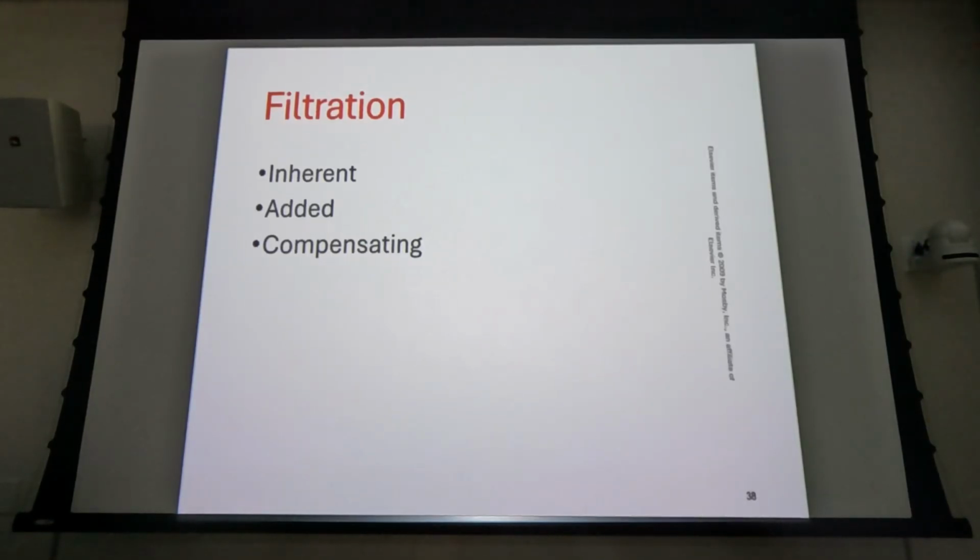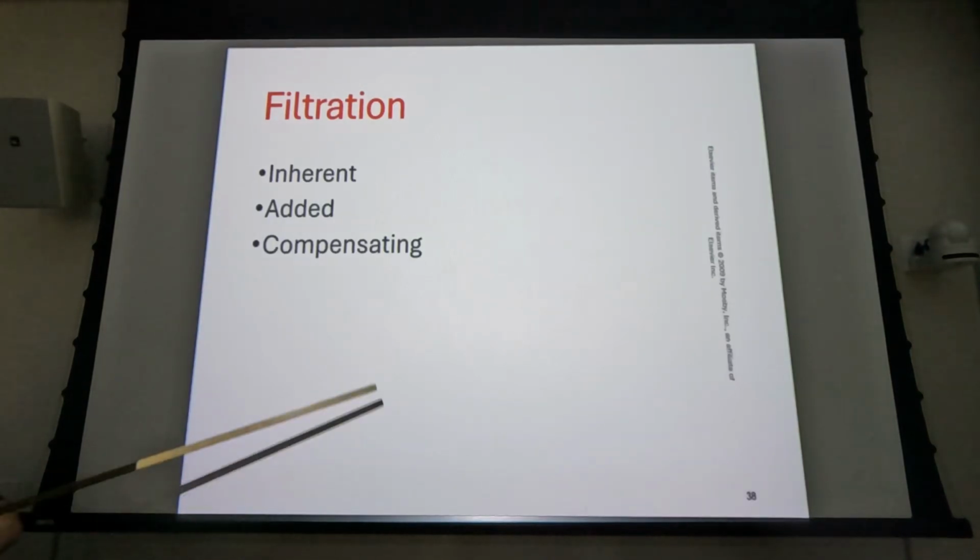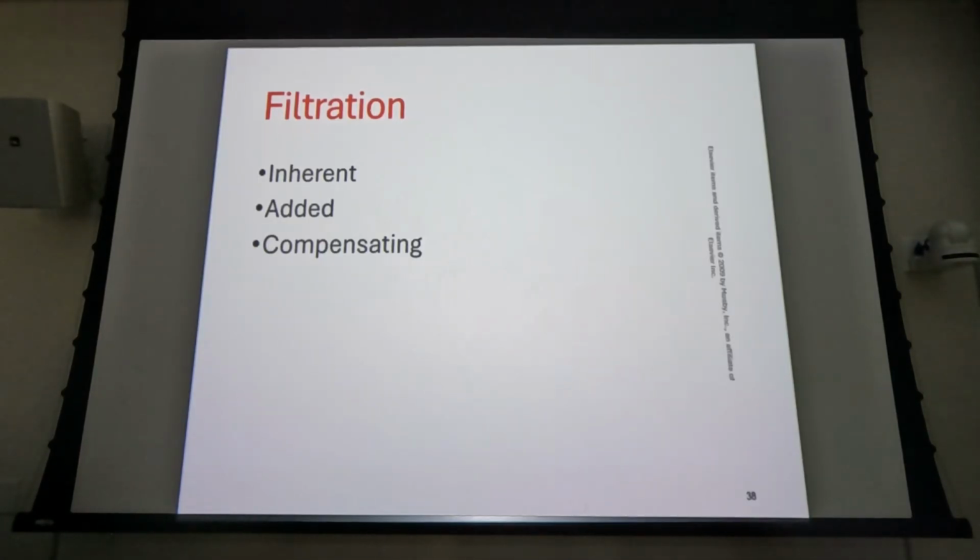Additive filtration is anything above the 2.5 millimeters of aluminum. And it can include compensating filters, but let's say, we don't do this anymore, but a long, long time ago, before I started taking x-rays, they would use tungsten tubes for mammography, and there's just no reason for it.